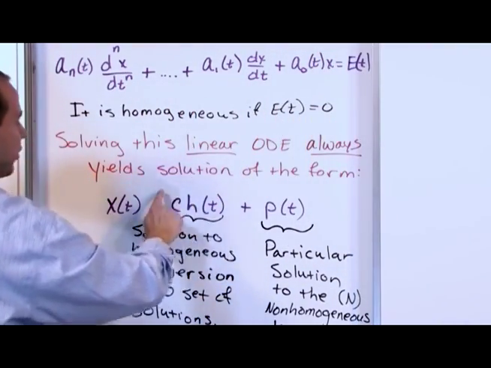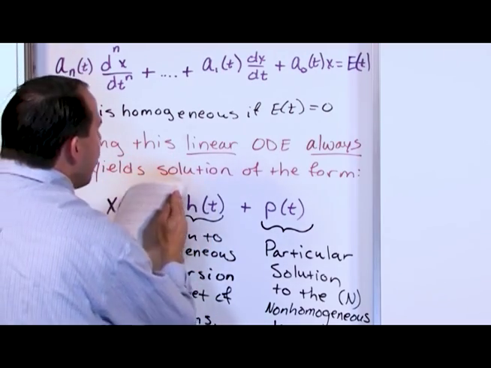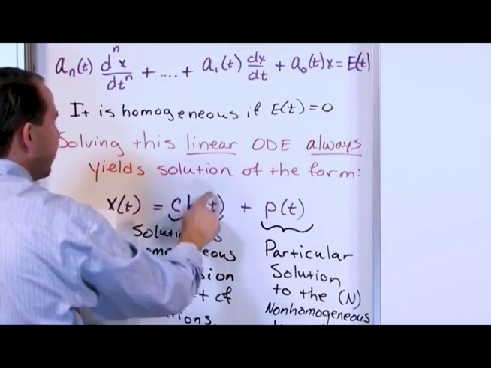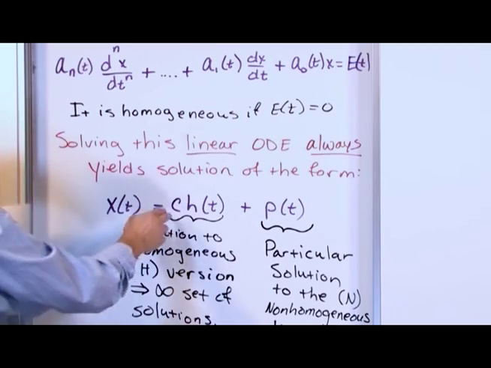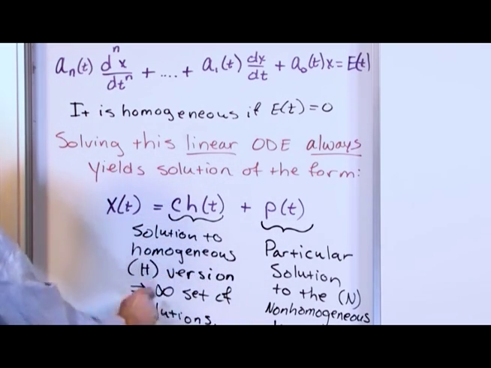This leads to this part of the solution. C H of t is a shorthand way of basically saying whatever I get as the solution here, I'm going to have a bunch of constants and I'm going to have other functions of time mixed in with these constants. This whole collection is what we call the solution to the homogeneous equation.